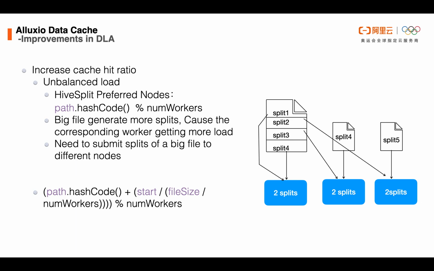We changed the formula of calculating preferred nodes. We added the file position as a parameter, and it turns out the workloads become balanced.